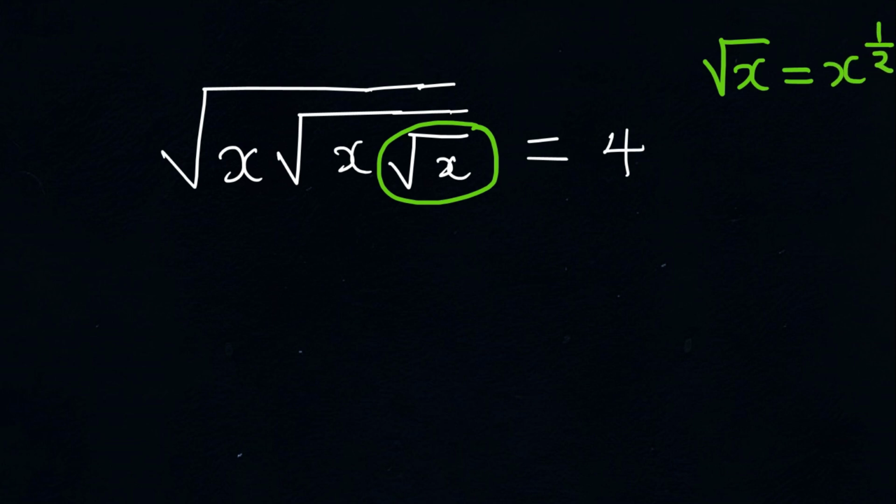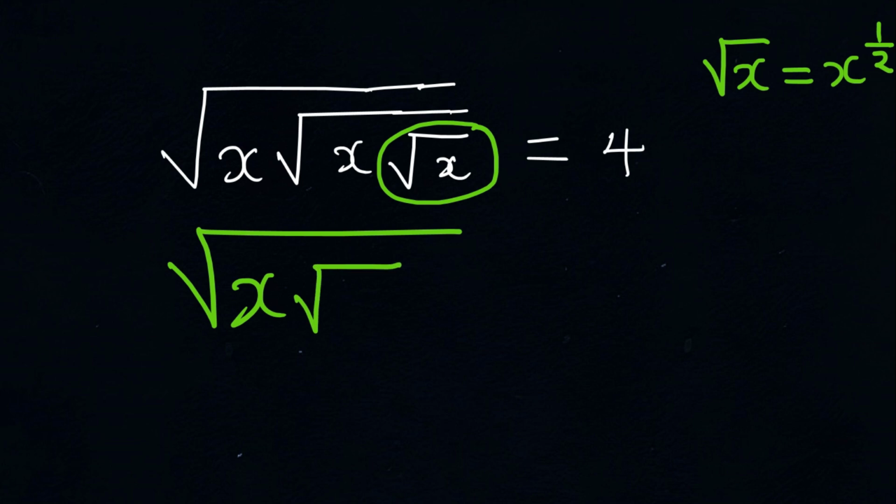So that means that our expression is going to be x, the square root of x, multiplied by the square root of x replaced by x to the power 1 over 2, is equal to 4.